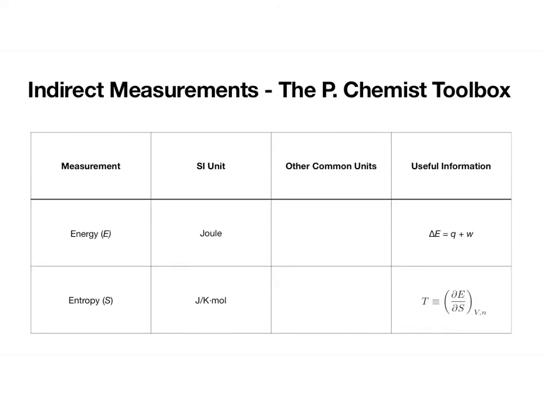So in PChem, there are really 2 more very useful and necessary quantities. One of these is energy. The SI unit of energy is a joule, given the symbol J. And energy is really governed by the first law of thermodynamics, where our change of energy, and this delta we're going to use a lot, is going to be our final condition minus our initial condition.